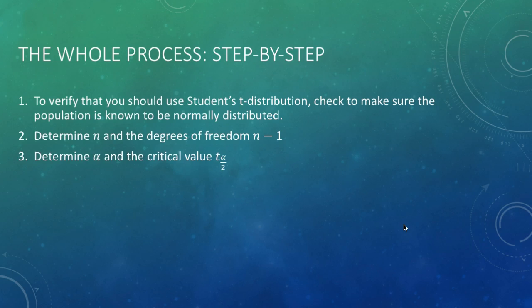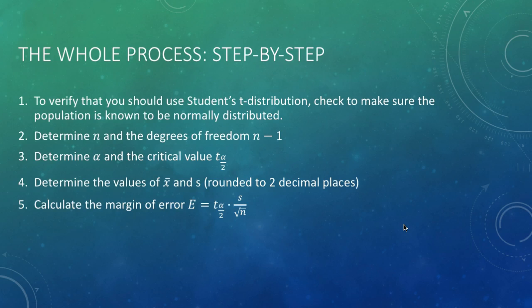You want to figure out your alpha and then the associated critical value using StatsMate like we just did. You need to know the values of the sample mean and the sample standard deviation. Typically we round to 2 decimal places.